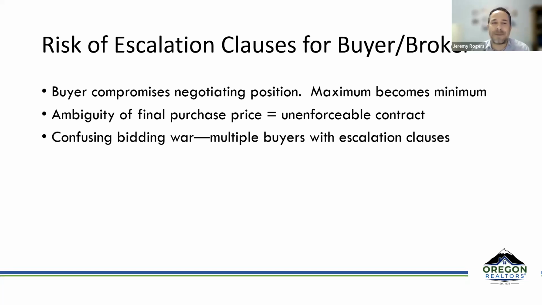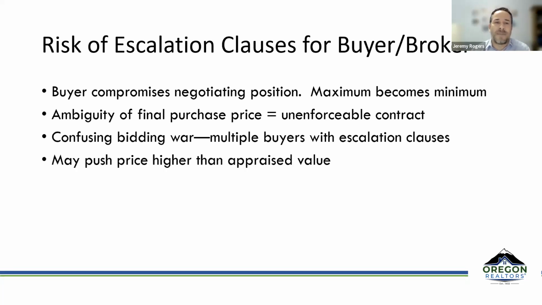The other thing that can happen is a confusing bidding war. Sometimes multiple buyers will use escalation clauses, and then you have one offer escalating another. That can get very, very confusing. We've also tried to draft around that problem with our escalation addendum. Another issue that can happen is that it could push the price higher than the appraised value.